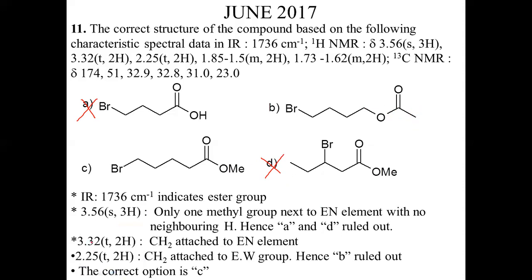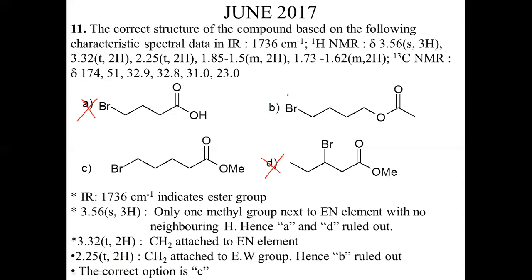Next, you have 3.32 triplet for 2 hydrogens. So when you have 2 hydrogens, they must be attached to an electronegative element and the neighboring group has to be CH. You have another 2.25, which is a triplet, and it is attached to CH2. It has to be attached to an electron withdrawing group.